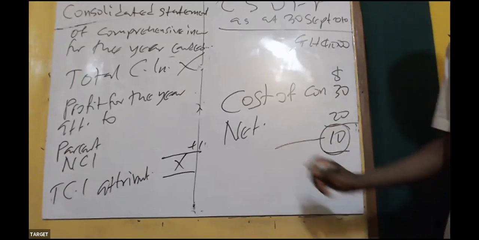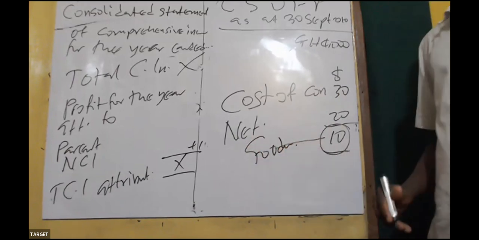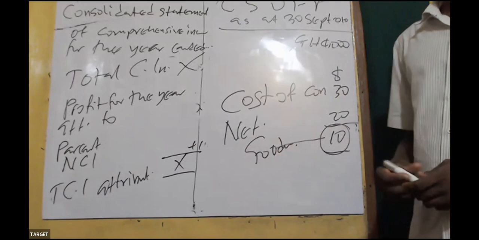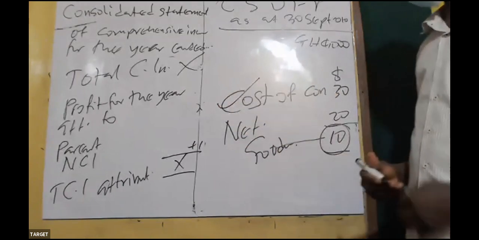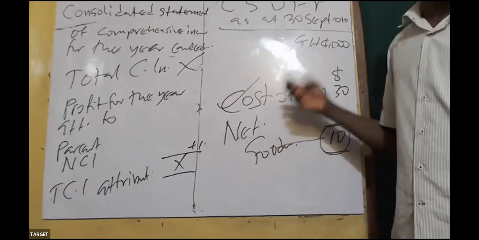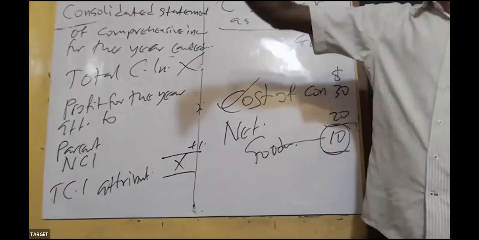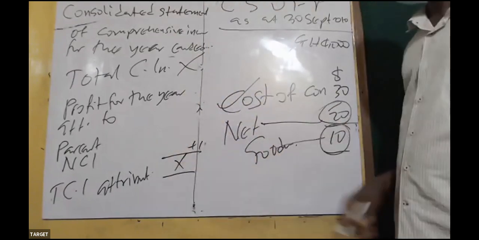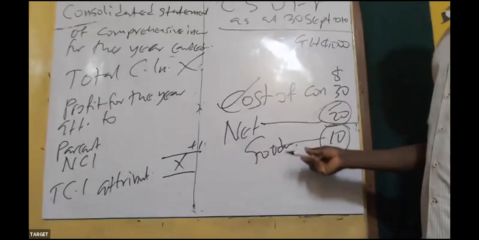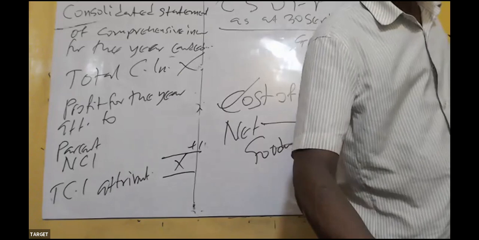That means any item that we use to compute the goodwill need not be consolidated. It includes the cost of control, that is the investment amount paid to acquire the subsidiary. If it has been captured under the asset side, take it off. And then the net asset of the subsidiary. These are the two that we use to compute the goodwill. So therefore, we don't need to consolidate it. That is it. Now let's continue.